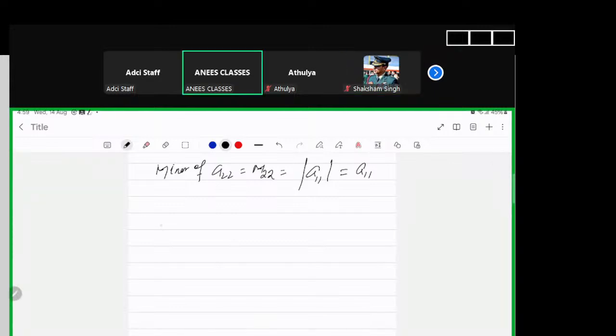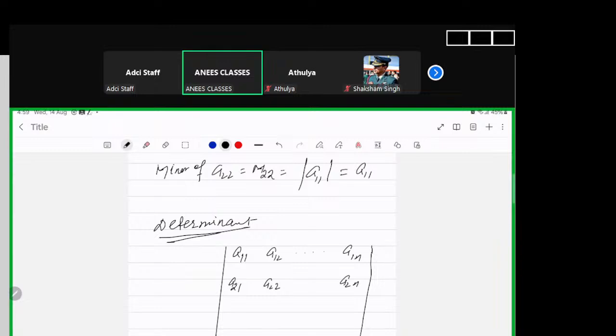Suppose that I'm writing a determinant example, especially for Saksham, because I think here in Sainik School you know the determinants very well. A11, A12, A1n, A21, A22, A2n, dot, An1, An2, Ann.